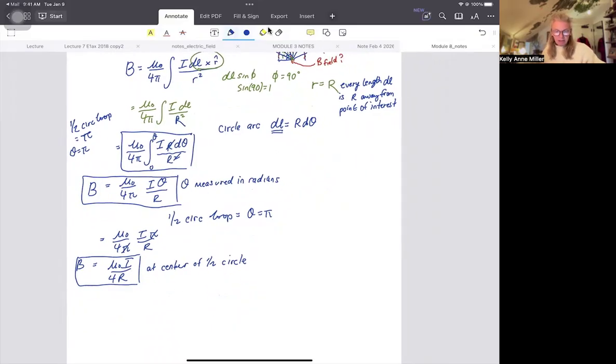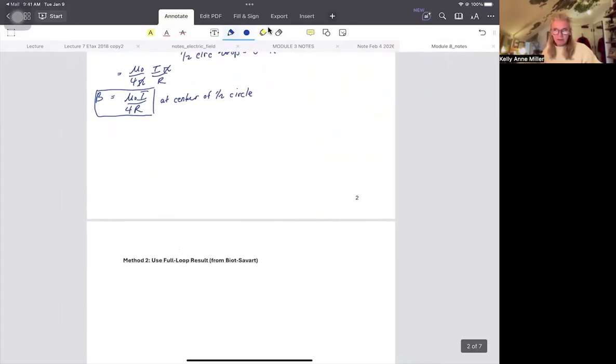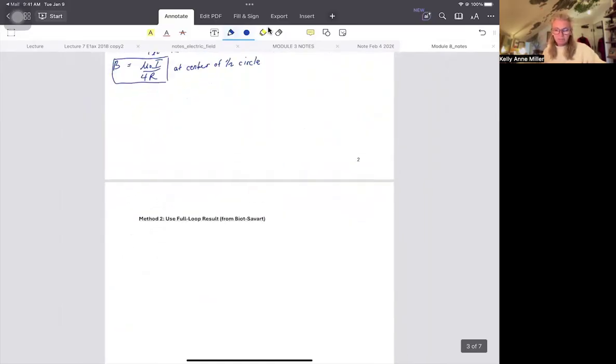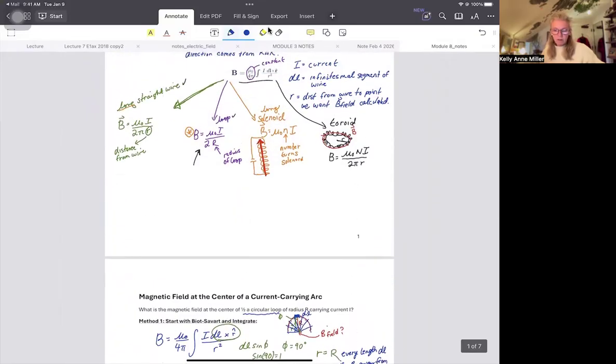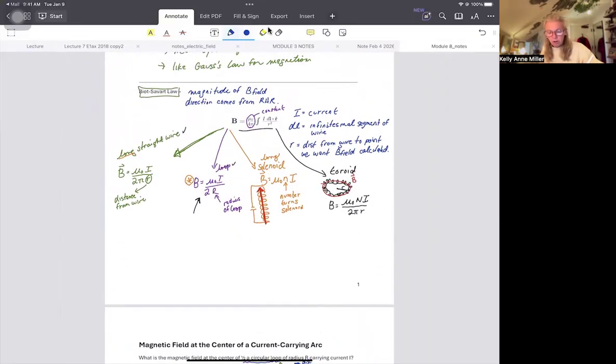Okay, let me now do the less painful way. The less painful way is basically using the result from the Biot-Savart law for a full loop. So this formula here is for a full loop.